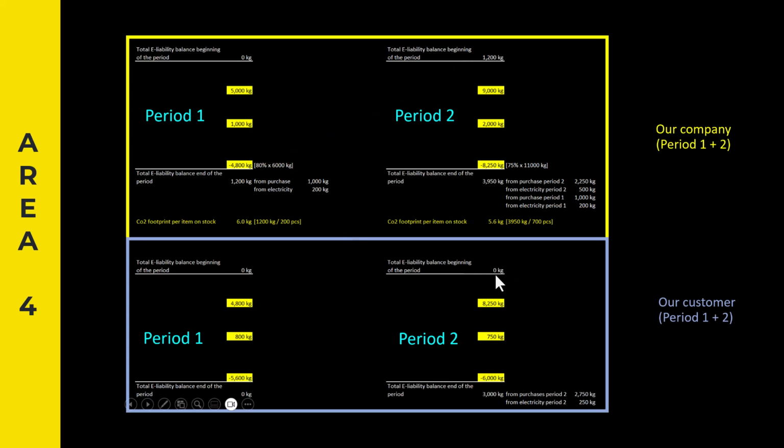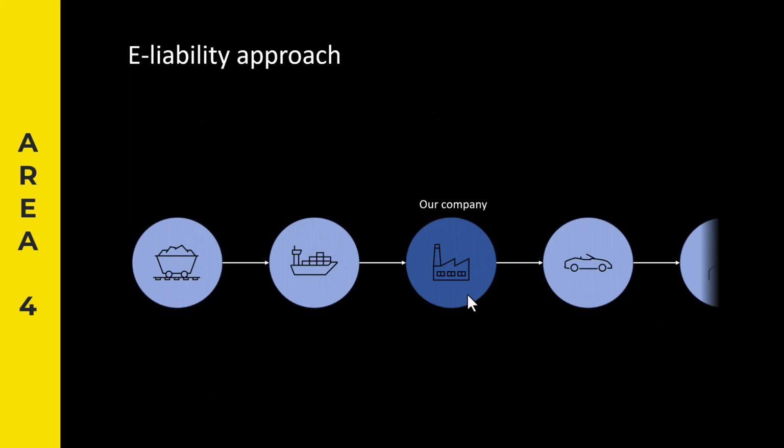But the main difference here is that the emissions from one stage in the supply chain are handed over to the other one. So we hand over these 4,800 kilos CO2 emissions to our customer in each period. So that's the basic approach of this e-liability concept.